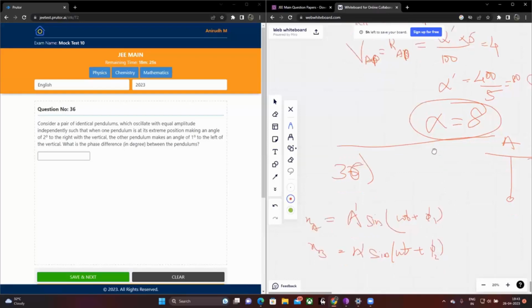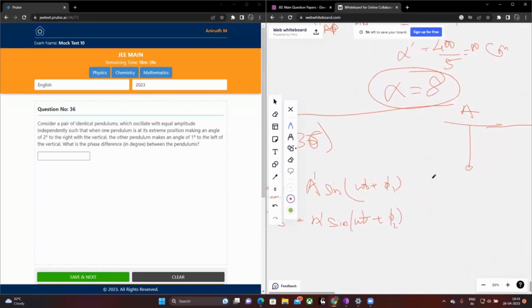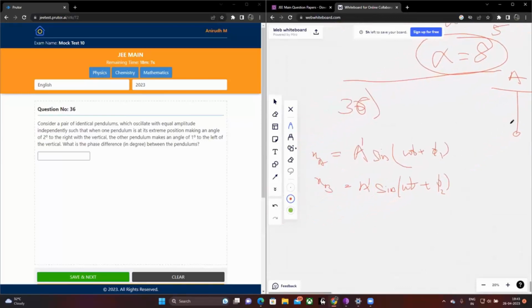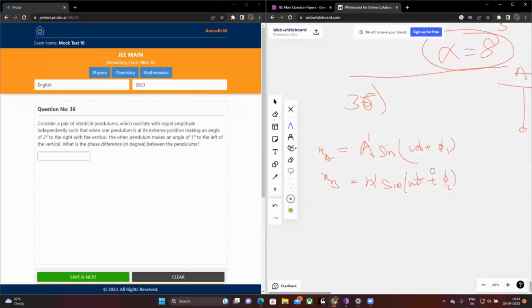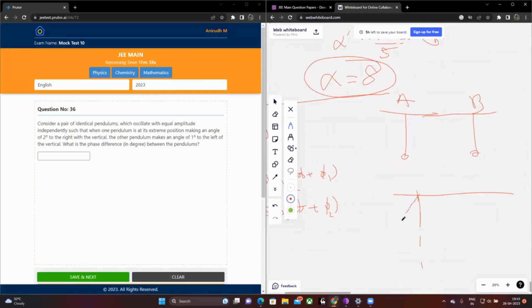You're given that the extreme position of pendulum A is 2 degrees to the right of the vertical, beyond which it turns back. And at the same moment, pendulum B is 1 degree to the left of the vertical.